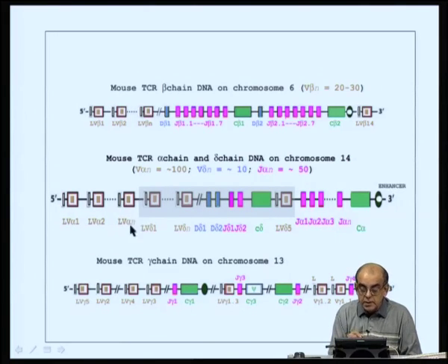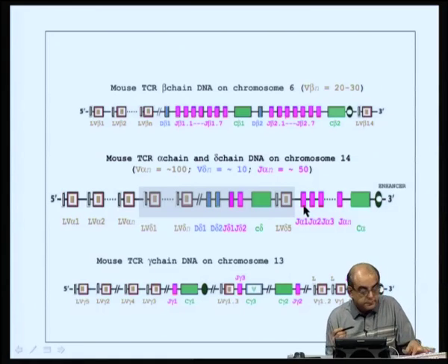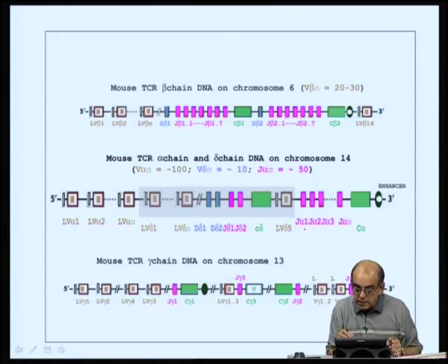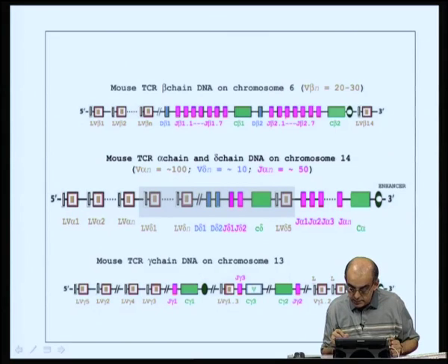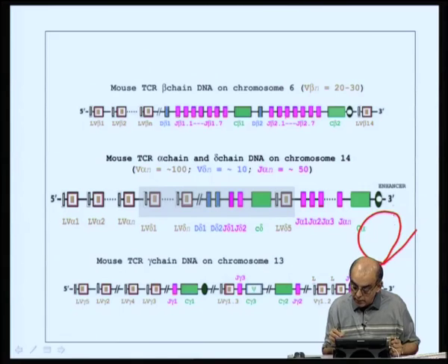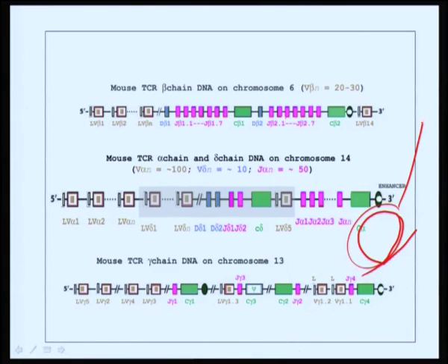Now, this is something that has evolved during evolution, because when there is juxtaposing of this variable alpha with the joining alpha, you find that when this comes together with the variable region, this delta region gets looped out, and this is cut out, and these two come together. And therefore, if there is a gene rearrangement that involves this alpha region, this delta is removed.